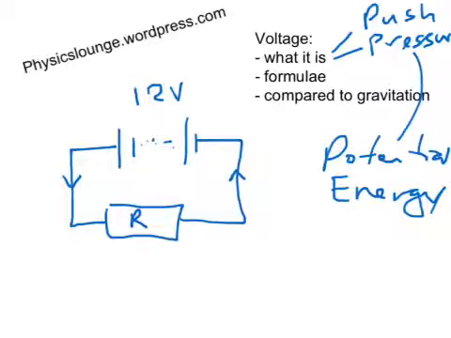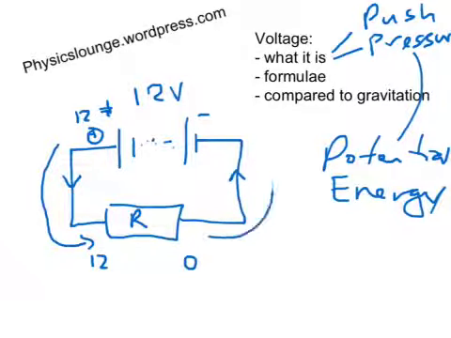So if you take the positive charges coming out from the positive side of the battery, they start off with, we'll just say, 12 joules of energy per charge, and that charge passes around. As it hits the resistor, it goes from 12 down to 0 joules of energy, and then it goes back.